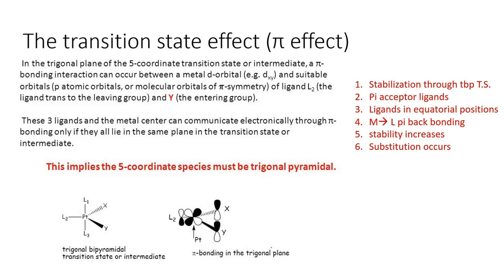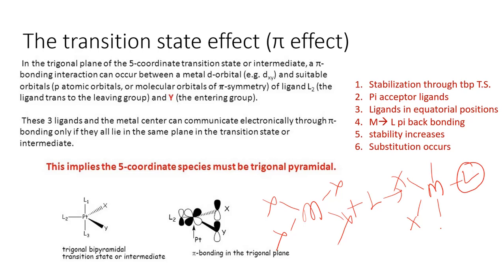Say for example I am taking MX4, a square planar complex, when it is attacked with another ligand, say L, it forms a TBP type of transition state, where L would be the attacking ligand in the plane. Why? Because the ligand is a pi acceptor ligand. Due to this pi acceptor character, the transition state is stabilized because it enhances the pi bond character, or the partial double bond character.